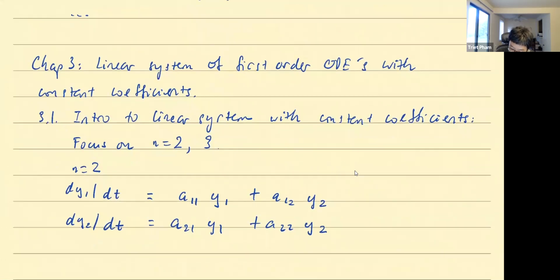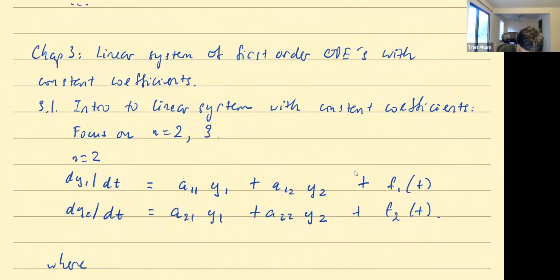Let me add something more: plus f1 of t, and plus f2 of t. So for n equals 2, this is the most general description of a linear system with constant coefficients, where a11, a12, a21, a22 are constants. These are what we refer to as the constant coefficients of the system.